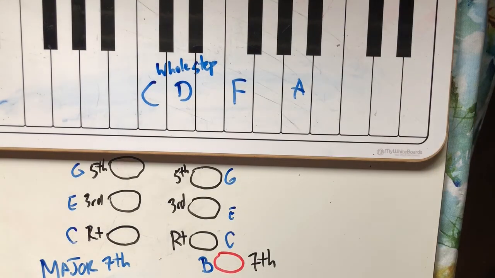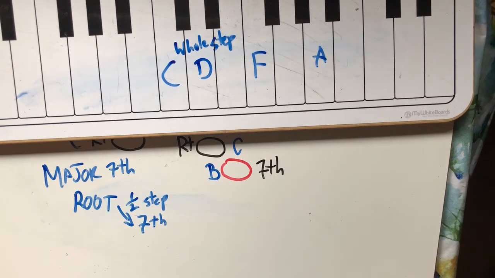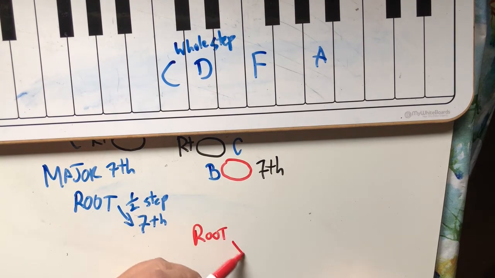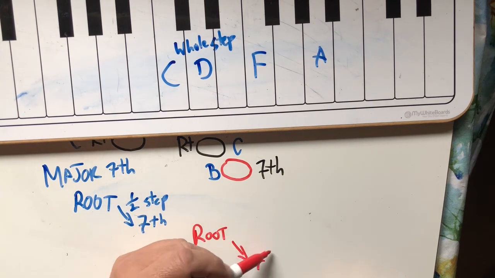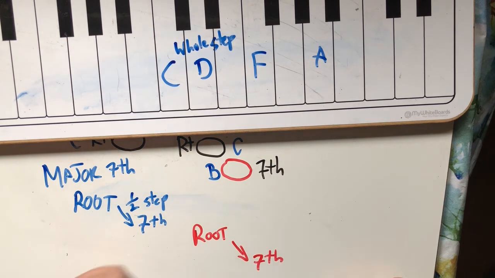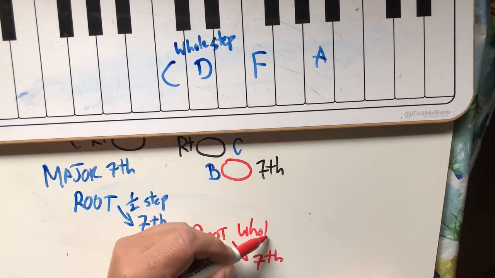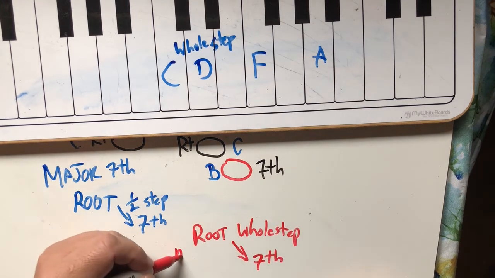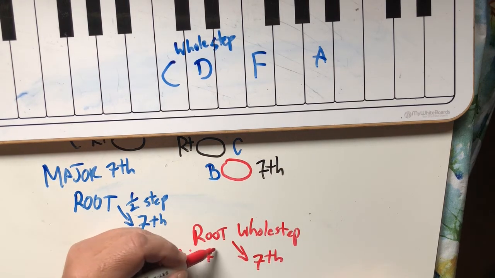If you have a root that goes down to the seventh, and it is a whole step, then we call that a minor seventh.